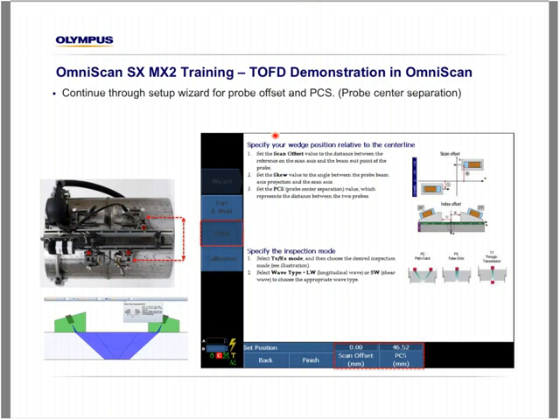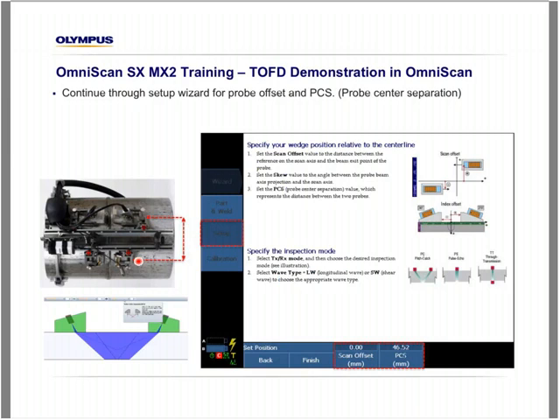Continuing on in the setup wizard, the next step is the offsets and the PCS. The scan offset we see here is only used when multiple TOFD groups, or phased array combined with TOFD, are used. This parameter needs to tell the software the distance between the beam center points of two or more groups of probes.